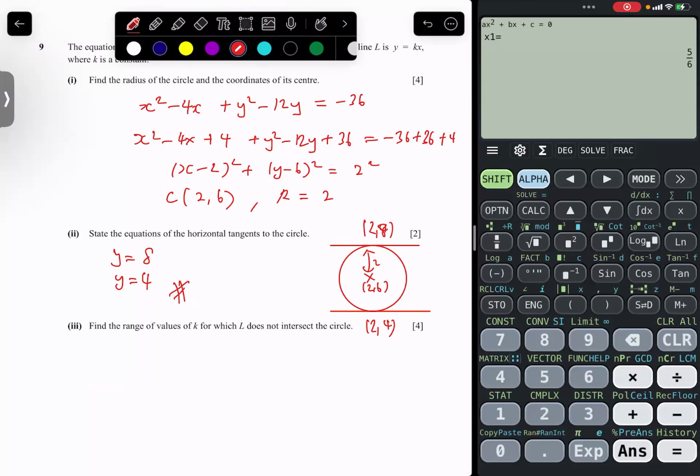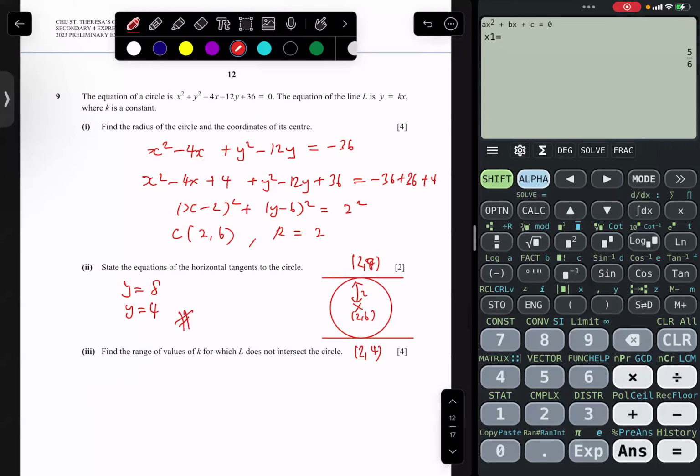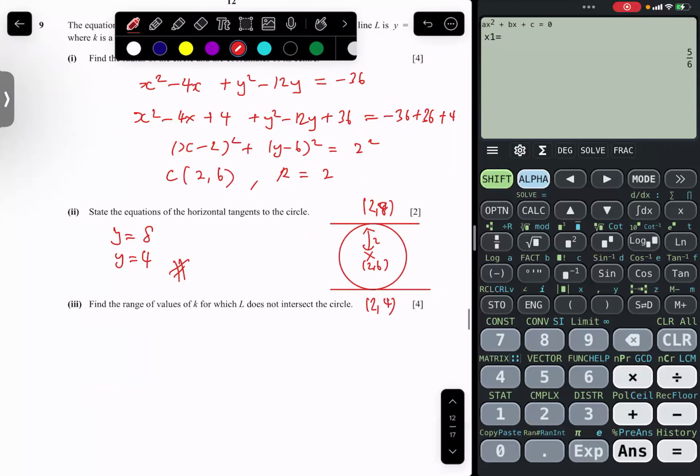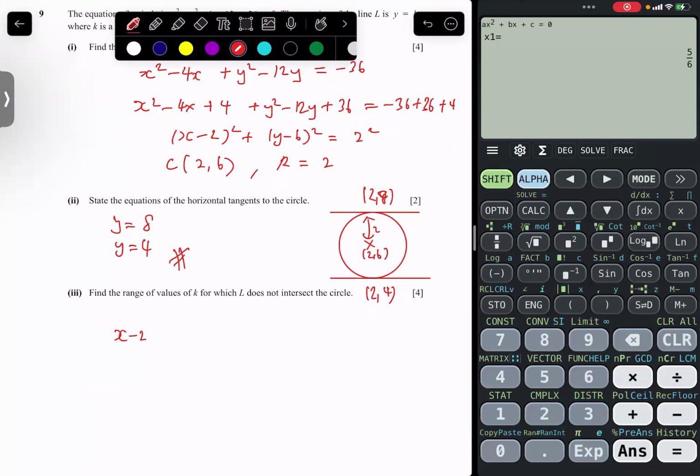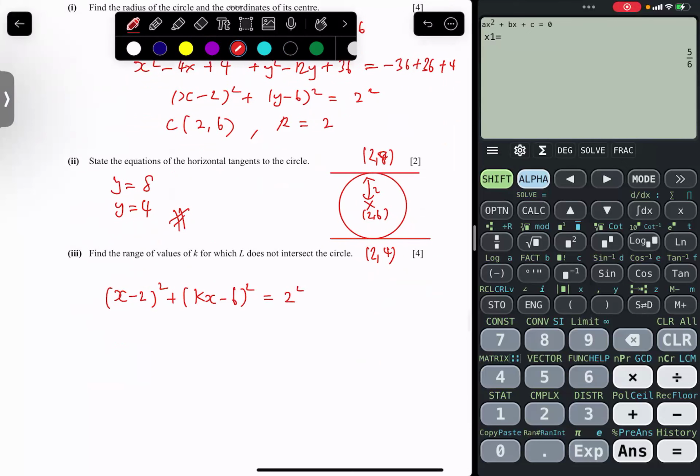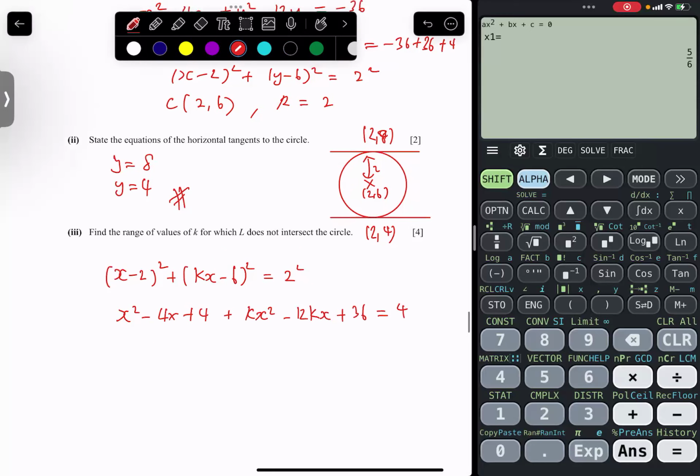So y equals kx, right? So let's just substitute kx in. (x minus 2) squared plus (kx minus 6) squared equals 2 squared. Expand: x squared minus 4x plus 4 plus k x squared minus 12kx plus 36 equals 4.